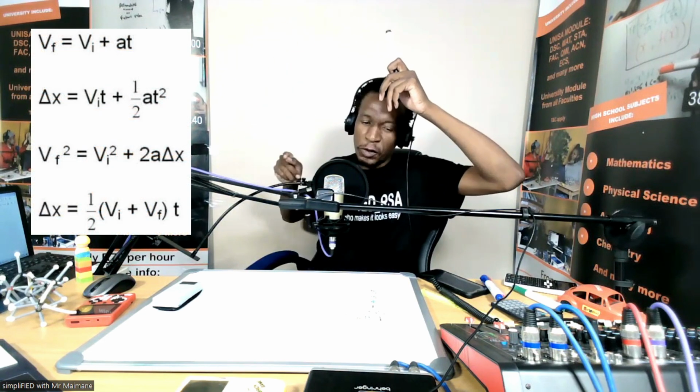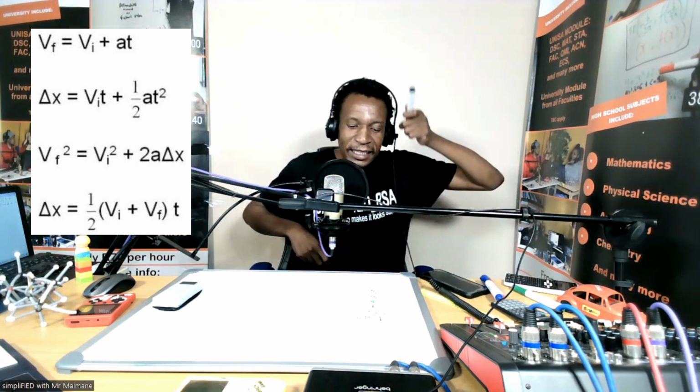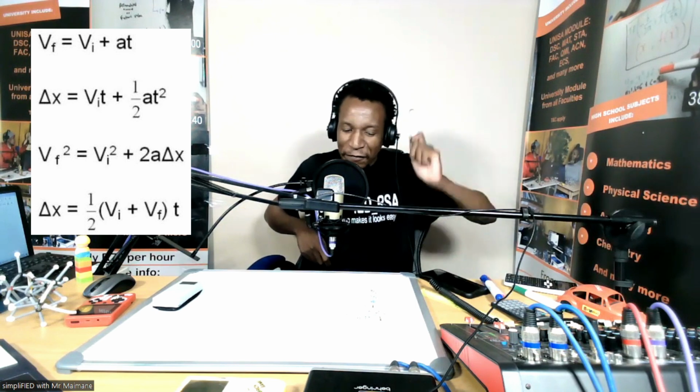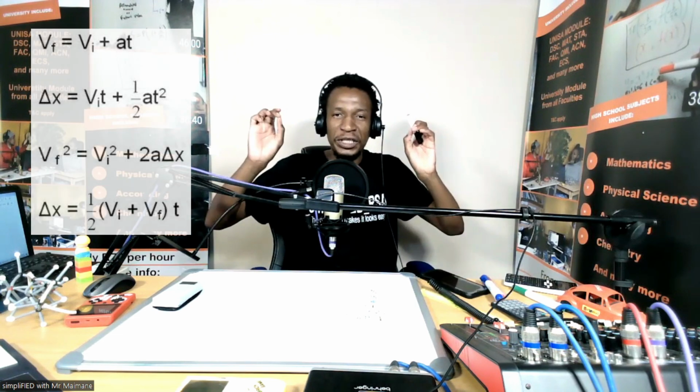For now, I believe you know your equations of motion. It's just a matter of selecting which one to use from here. Having acceleration, initial velocity, and final velocity, I think the optimal one at this moment would be this one.